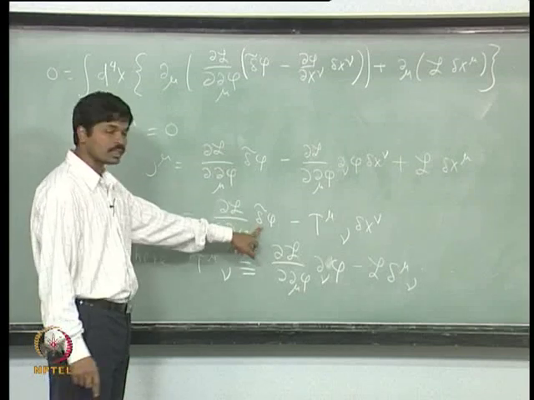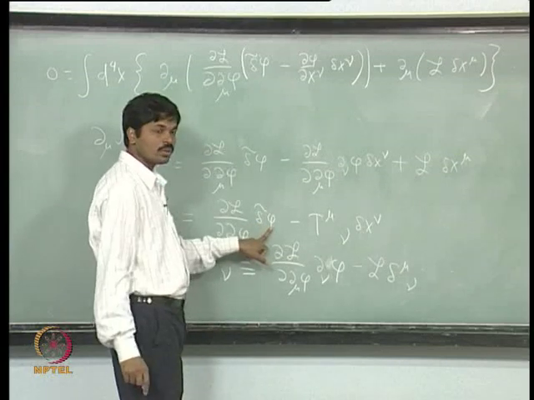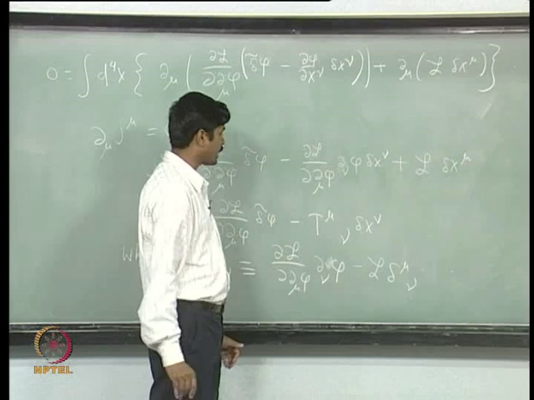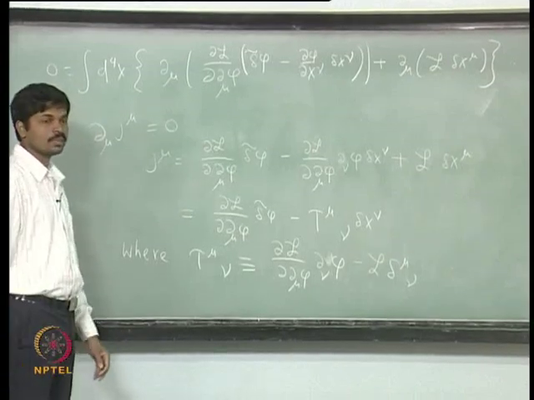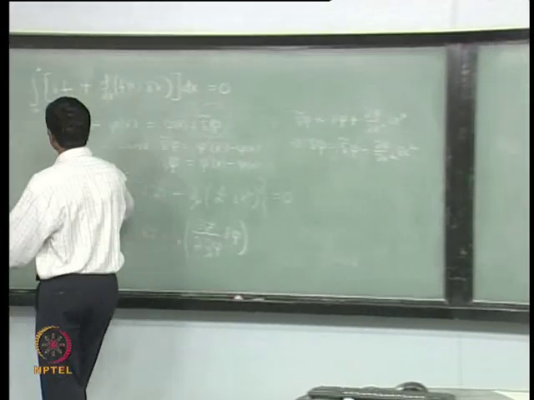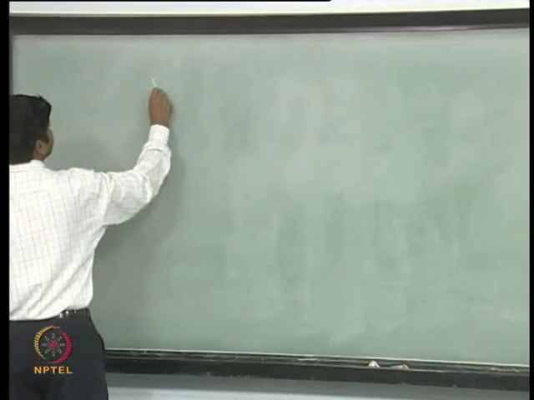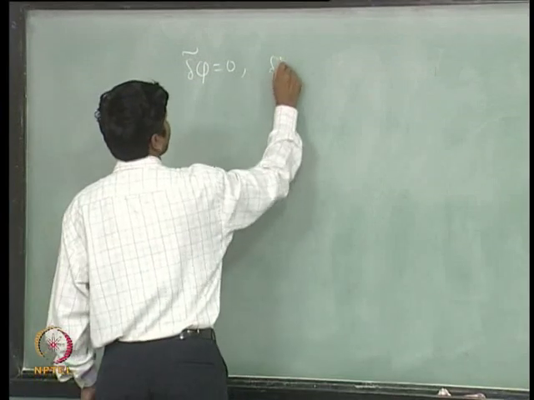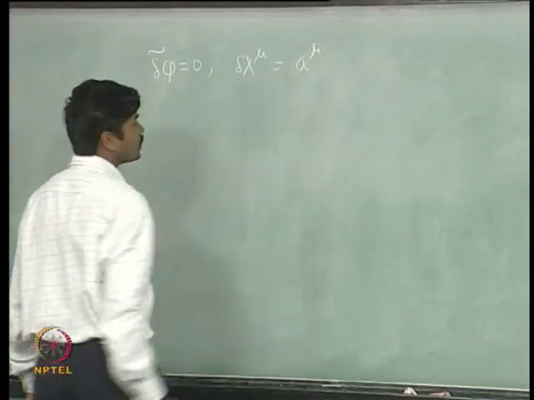For that, let us consider a transformation for which δ̃φ equal to 0 and δx^ν is simply some translation a^ν. So, we will consider the symmetry transformation to be translational invariance. If we have translational invariance, then δ̃φ equals 0 and δx^μ is some infinitesimal parameter which I will call a^μ.